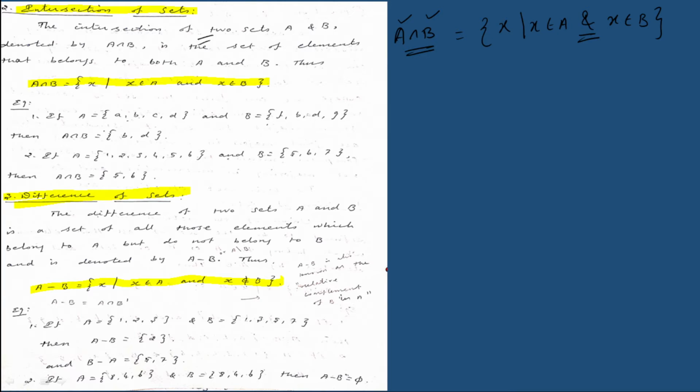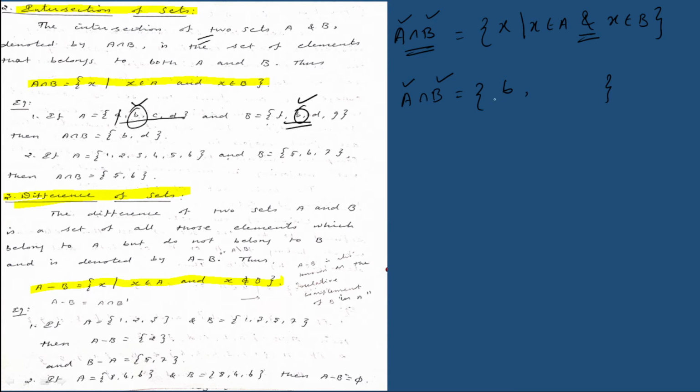For example, take two sets A and B. A consists of elements a, b, c, d and B consists of elements f, b, d, g. The elements that belong to both A and B are elements of A intersection B. Look here, a is an element of set A alone, so leave this. b is an element of both A and B, so you can take it.